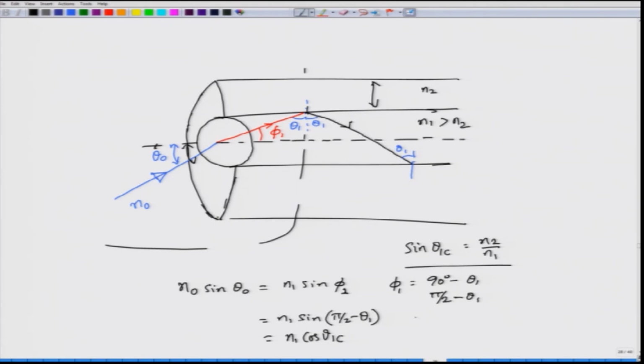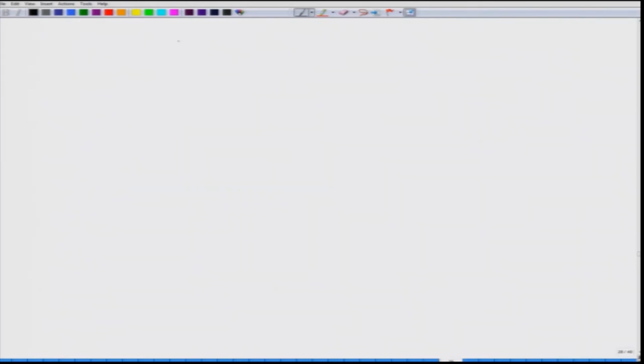And clearly if sin theta 1 c is N2 by N1, cos theta 1 c is square root of 1 minus N2 square by N1 square. So, I can put that into this expression and write N0 sin theta 0 equals N1 square root of 1 minus N2 square by N1 square.